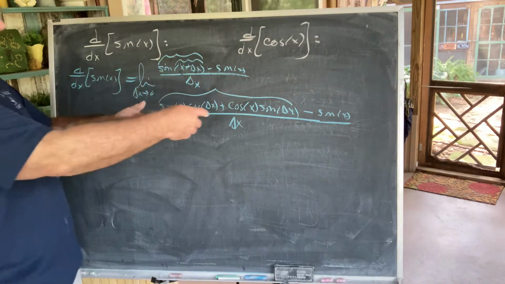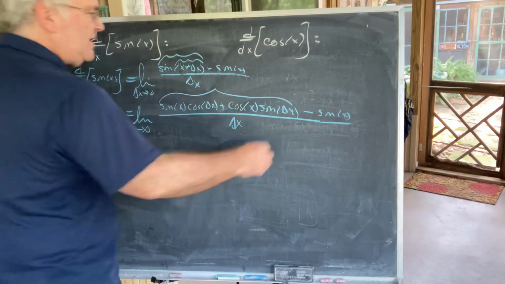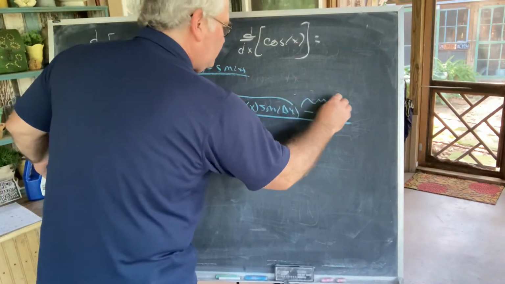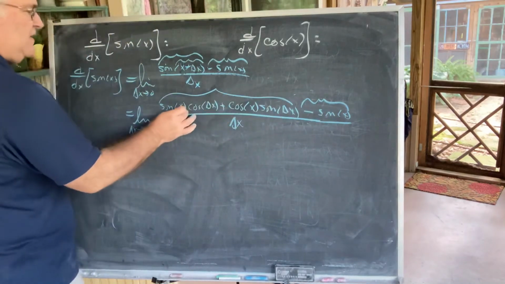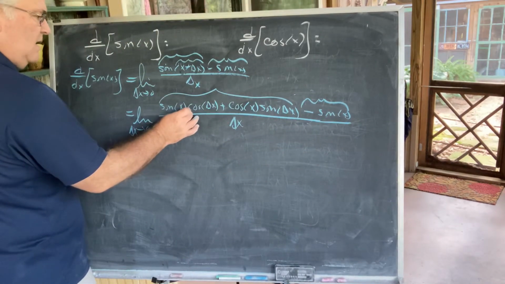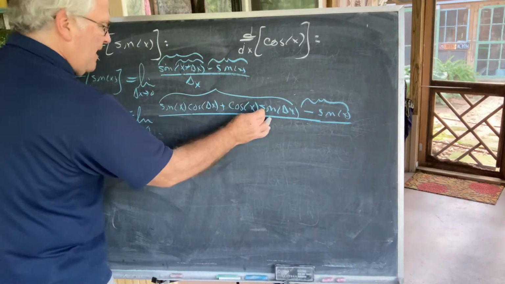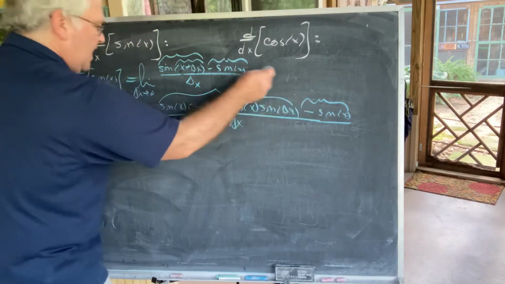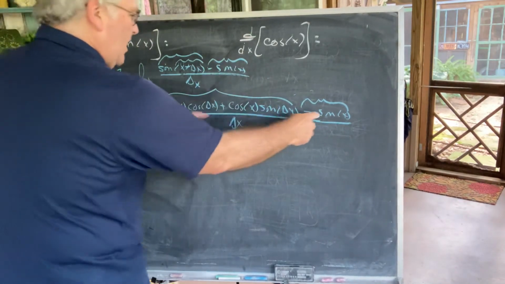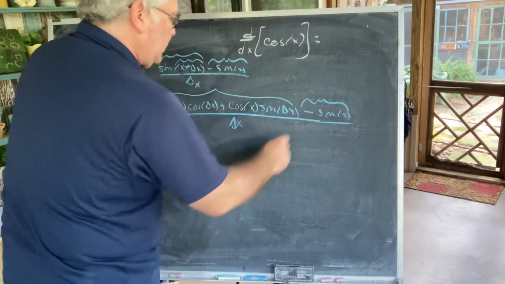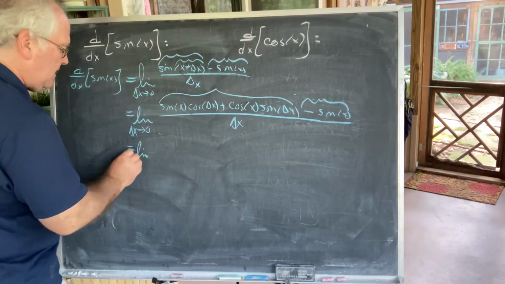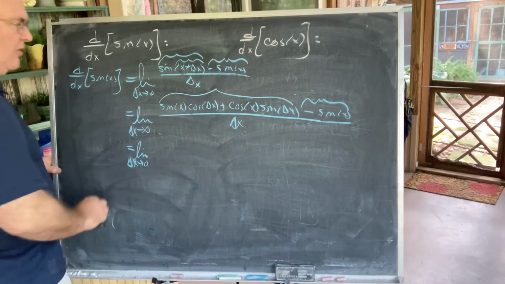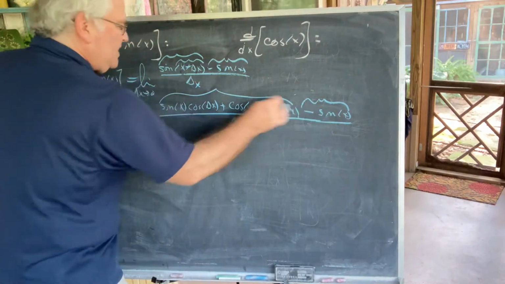The next piece to do here is I'm going to rearrange these terms. I'm going to take this term, put it together with this first bit, and then leave this all by itself. Really what I'm going to do is just switch the order of these last two terms. And while I'm at it, I'm going to split the numerator. So I'm going to put the negative sign with this one.